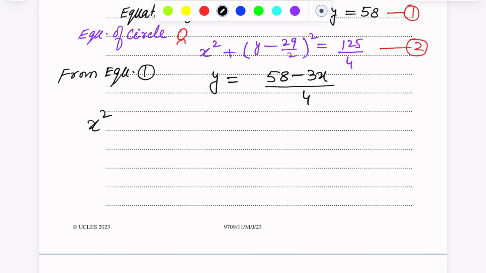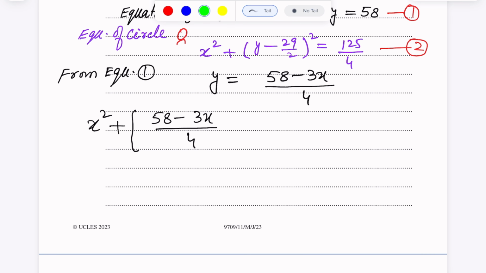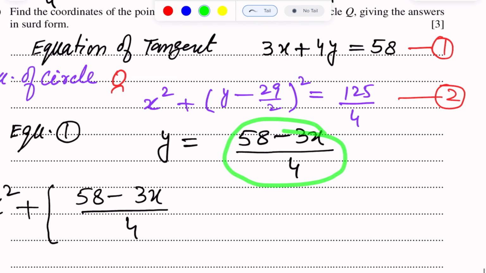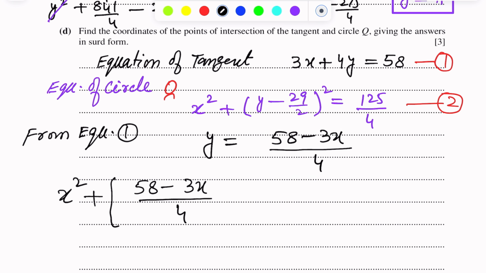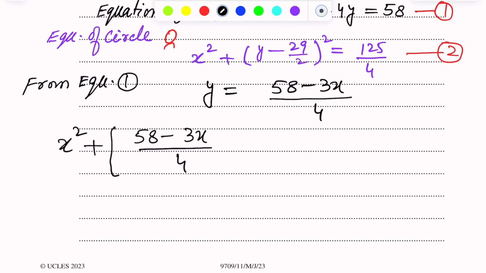We get x square plus 58 minus 3x over 4 minus 29 over 2, whole square, is equal to 125 over 4.